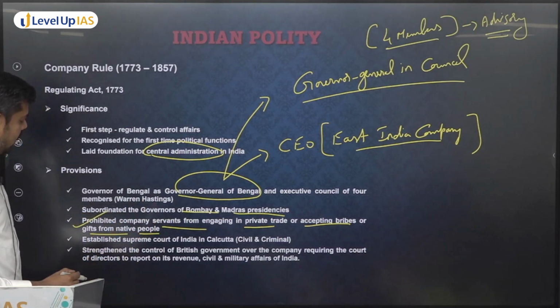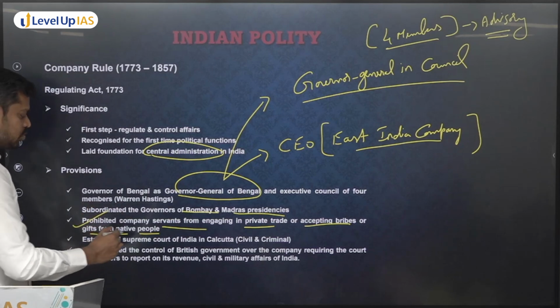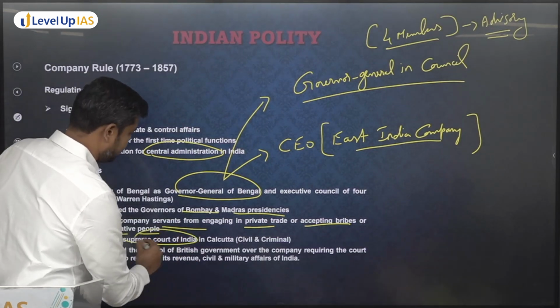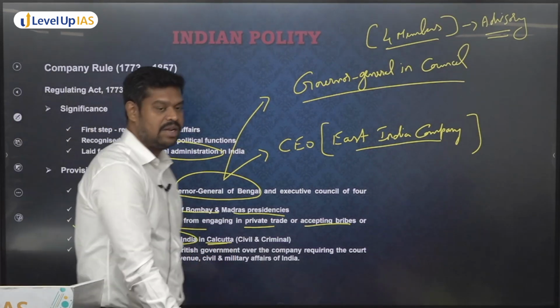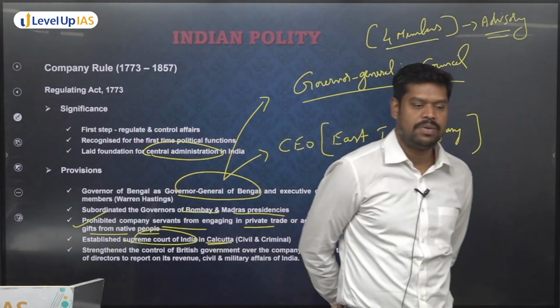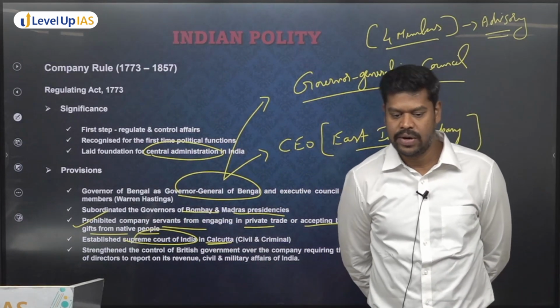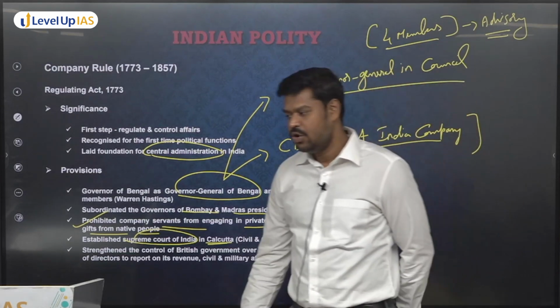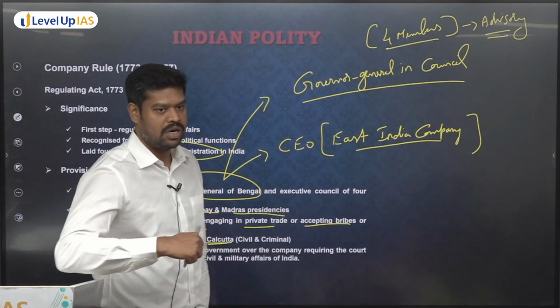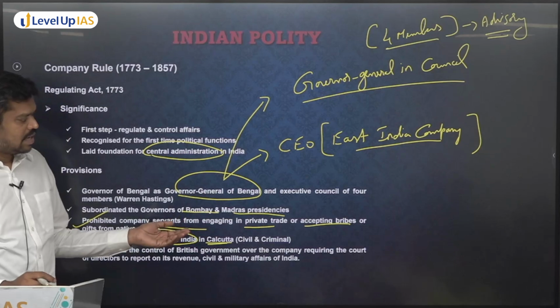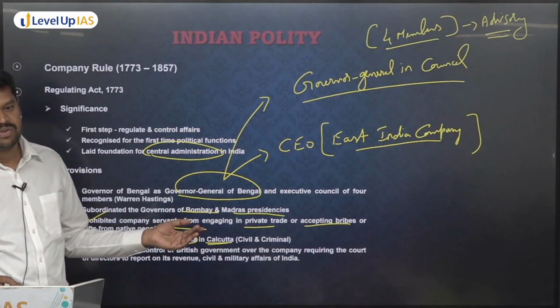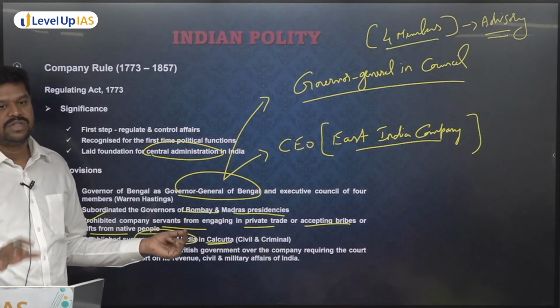Okay. And it also established a Supreme Court in Calcutta. So this is again very, very important. When was the Supreme Court established for the first time during the British rule in India? It was by the Regulating Act of 1773. And do you know what the jurisdiction of the Supreme Court in Calcutta was? Now later, after the Regulating Act of 1773, there was an act called the Act of Settlement.